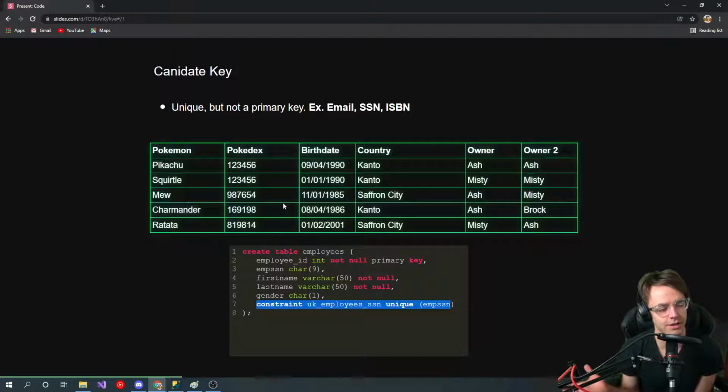It uniquely identifies you, but it's probably not what's linking your data in a database. There can be more than one candidate key in a table, and candidate keys have a lot to do with database normalization.